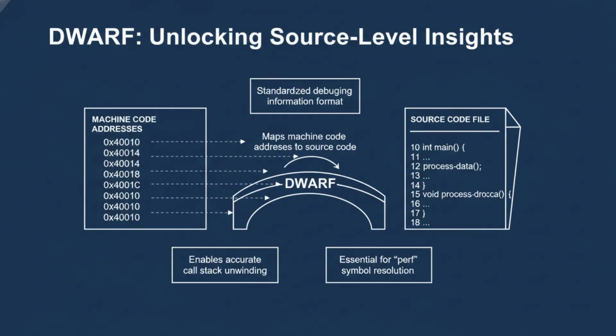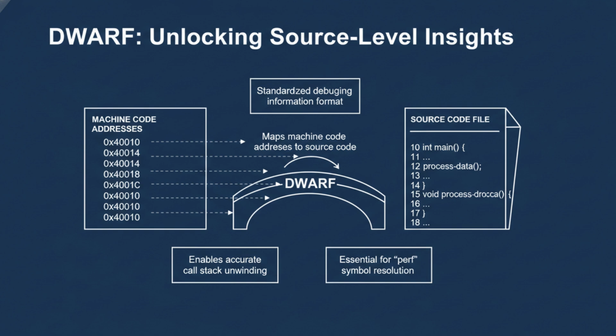While perf excels at collecting performance data, its raw output often presents addresses and cryptic function names. This is where DWARF Debug information becomes indispensable. DWARF is a standardized debugging data format that compilers embed into executables or separate debug info files.